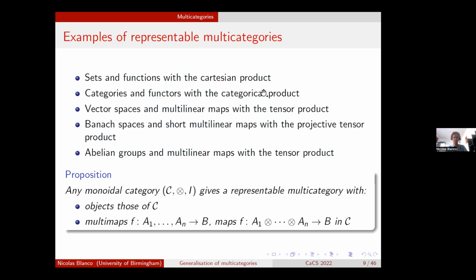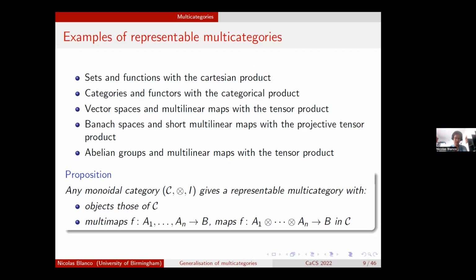For categories and functors, it's the categorical product, so the Cartesian product of categories. For vector spaces and multilinear maps, it's the tensor product of vector spaces. For Banach spaces, it's something called the projective tensor product, which is the tensor product equipped with a specific norm. And for abelian groups, it's also the tensor product of abelian groups.